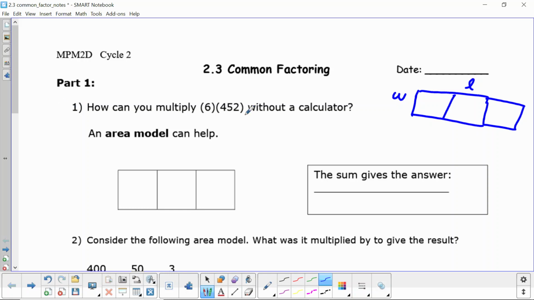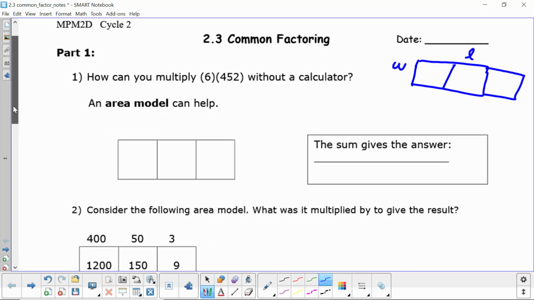Before we do the common factoring, we want to review the area model. How can you multiply 6 with 452 without a calculator? An area model can help. By doing this, we review the area model.